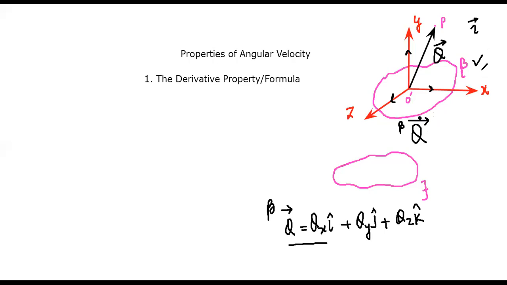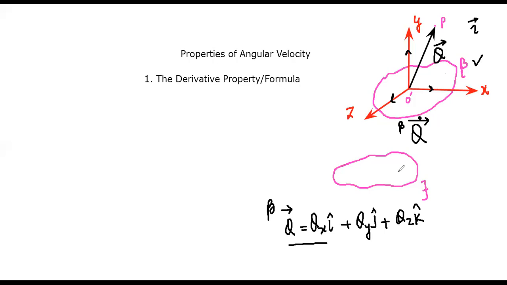I have been saying since the start of kinematics that when we are taking the derivative of vector functions, like the radius vector, position vector, velocity vector, acceleration vector, or force vector, these derivatives are to be taken in the frame of reference in which the vector is defined itself. Our vector Q is defined in the beta frame of reference, so if there is a need to differentiate it, it is to be differentiated in the beta frame of reference only, not in the J frame of reference.